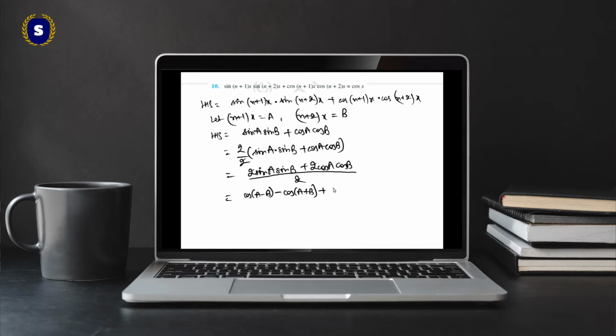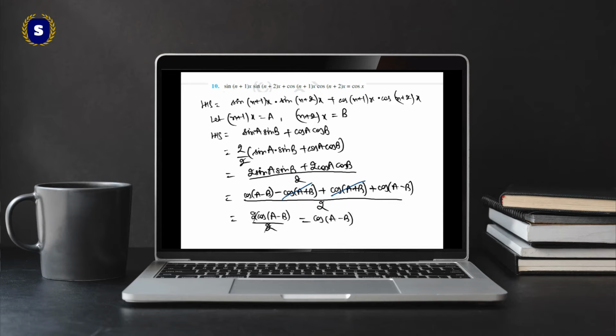Plus cos(a plus b) plus cos(a minus b) upon 2. So you can see that we have opposite signs in front of cos(a plus b), so we can cancel them out. So we'll get twice of cos(a minus b) upon 2. This is equal to cos(a minus b).